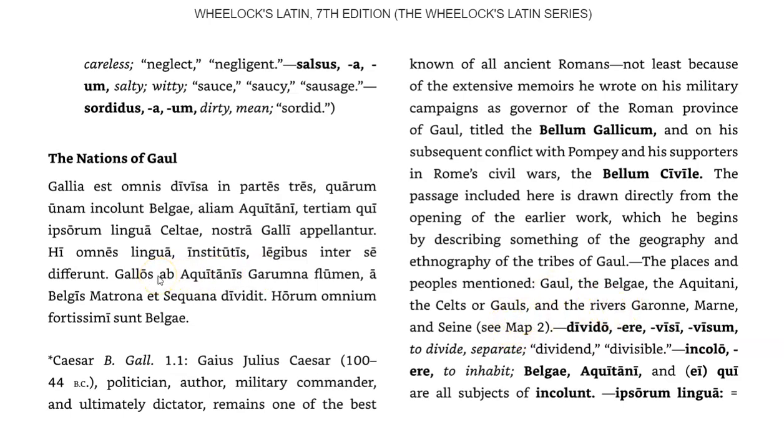So we go over that one sentence one more time: the Garonne River divides the Gauls from the Aquitani. And then we can say that the Marne River divides the Gauls from the Belgians.